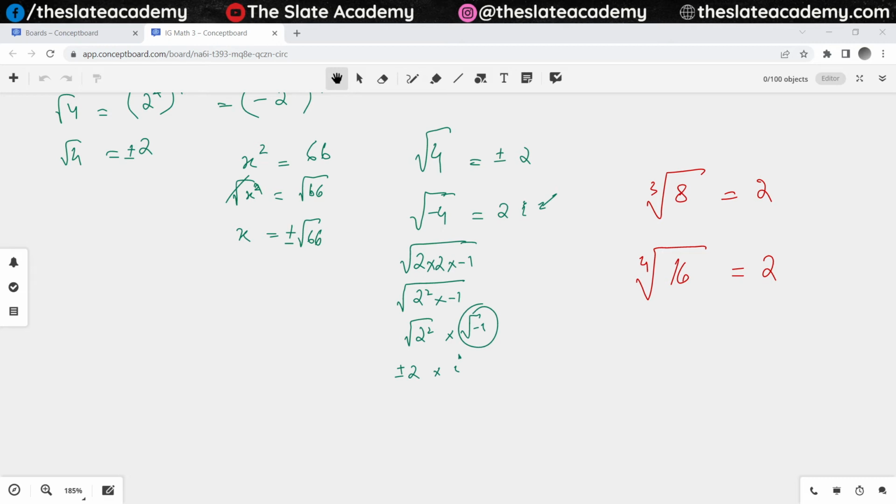Here is how: 16 raised to the power 1 over 4.